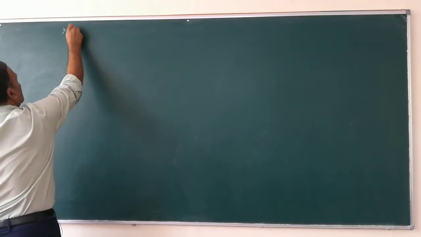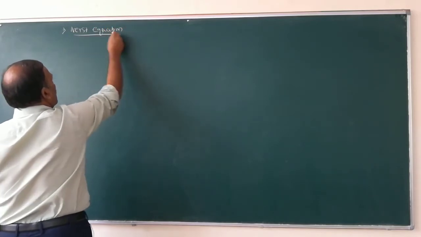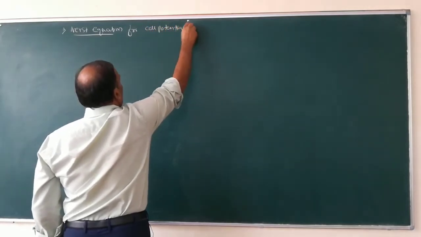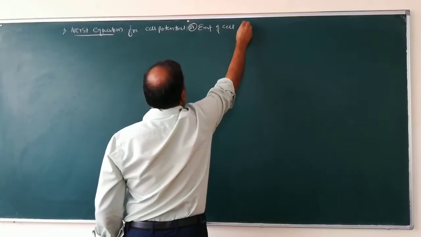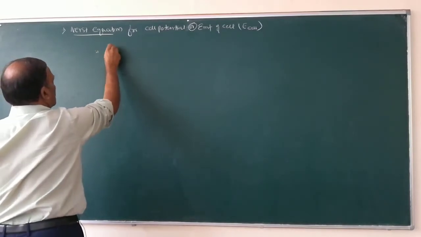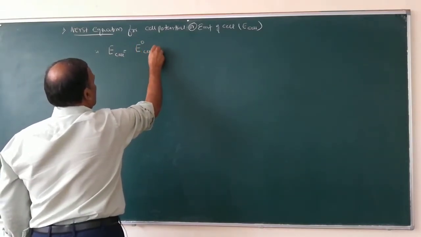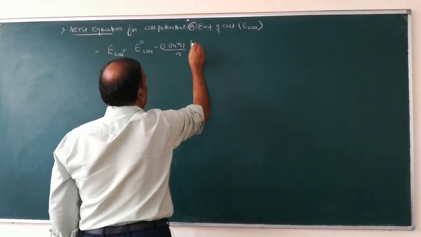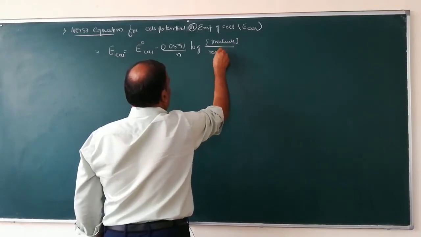The Nernst equation for cell potential or EMF of the cell, that is E cell, equals E naught cell minus 0.0591 divided by n, log of concentration of products by concentration of reactants.